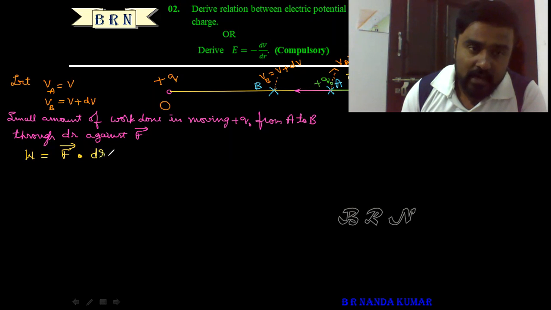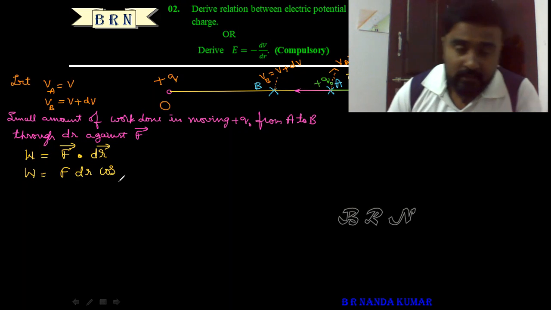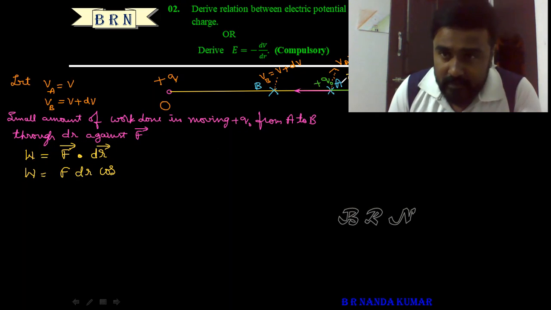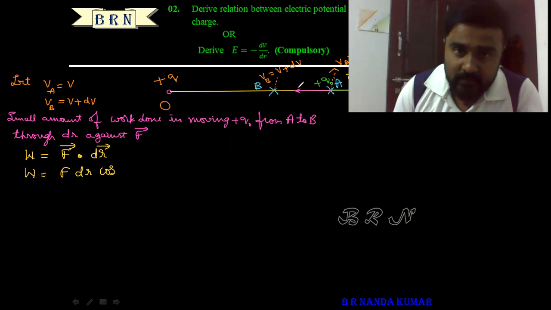force vector and displacement vector. Now the dot product of two vectors is given by the product of the magnitudes of the two vectors and the cosine of the angle between them.